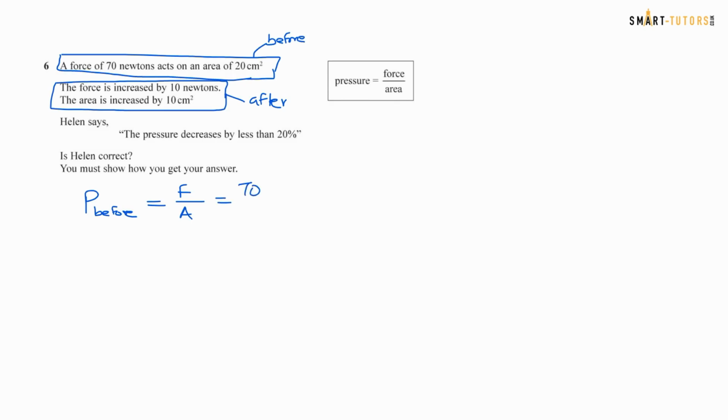So force is 70 divided by 20. Both zeros cancel. 7 divided by 2 is 3.5 newtons per centimeter squared.